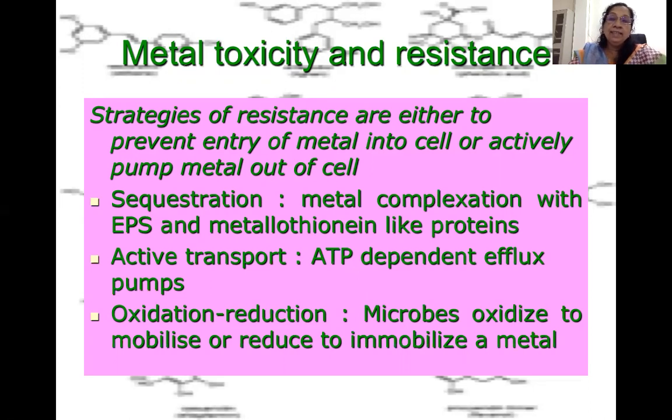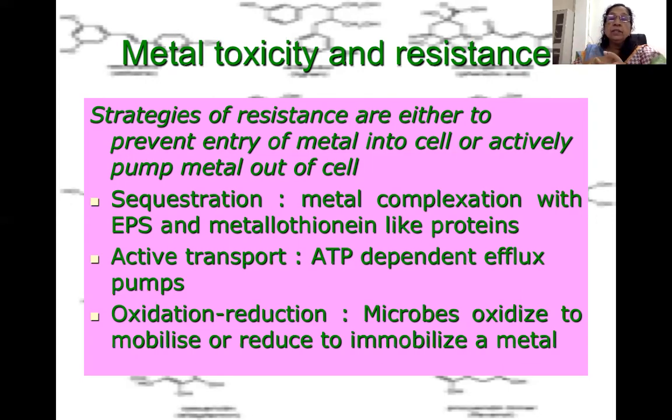What are these in detail? This first mechanism is sequestration or metal complexation. Second is active transport, that is using ATP dependent efflux pumps. First, sequestration will prevent the entry of the metal into the cell.